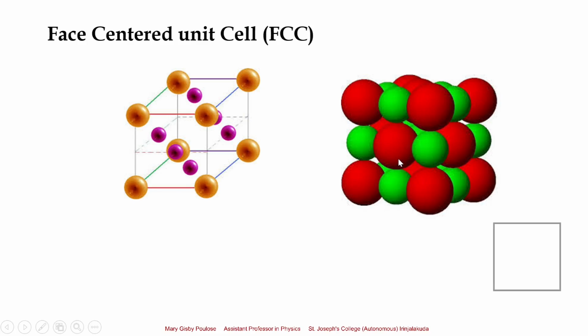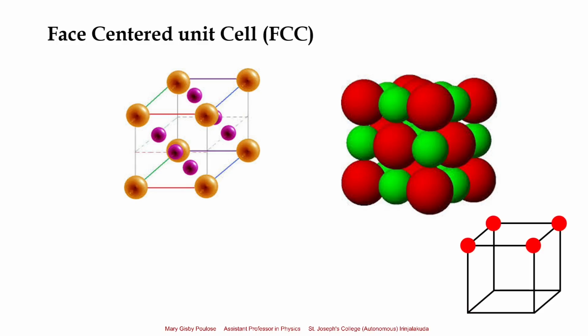Now to draw it, first we need to draw a square, then another square in front of it. Then we match the edges. Then we place 8 corner atoms. And then we place the face center atoms.